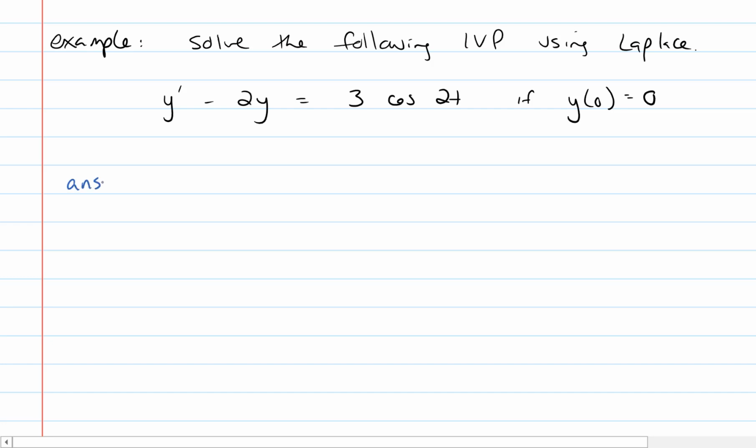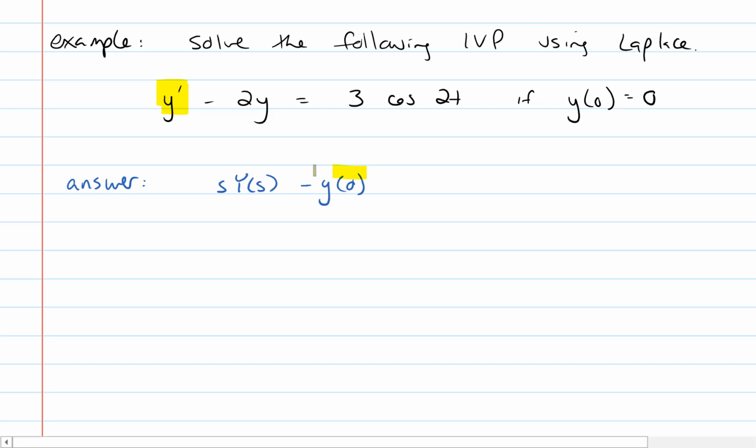For our answer, we're going to first take the Laplace transform of both sides. The y prime, the very first term, is going to become s capital Y of s minus y of 0.